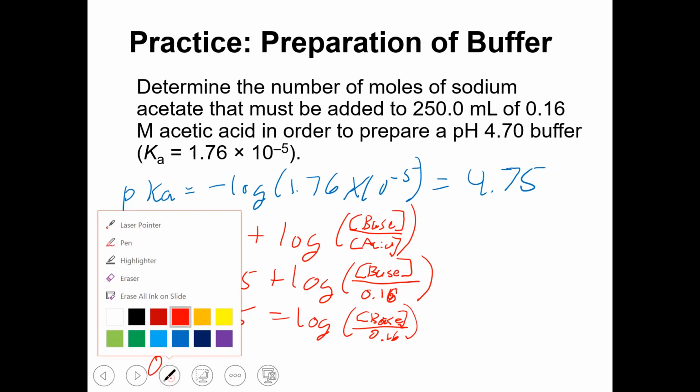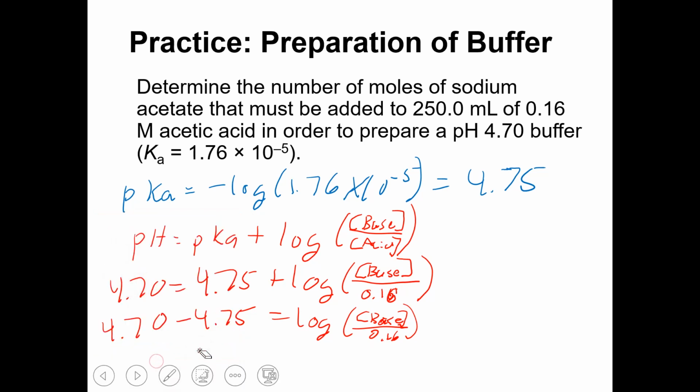So 4.70 minus 4.75 gives us negative 0.05 is equal to the log of base over 0.16. That's supposed to be a negative 0.05.